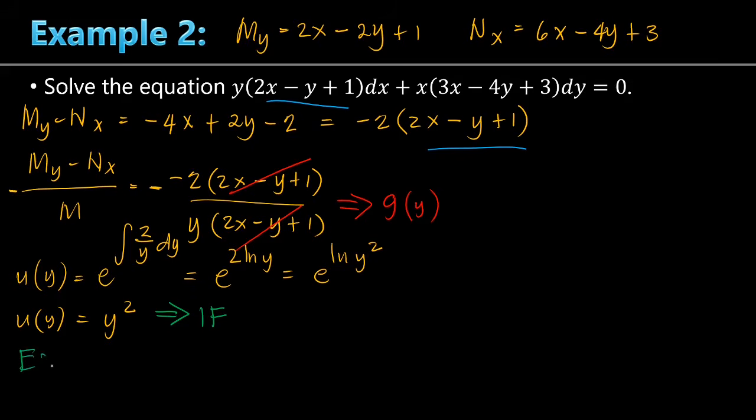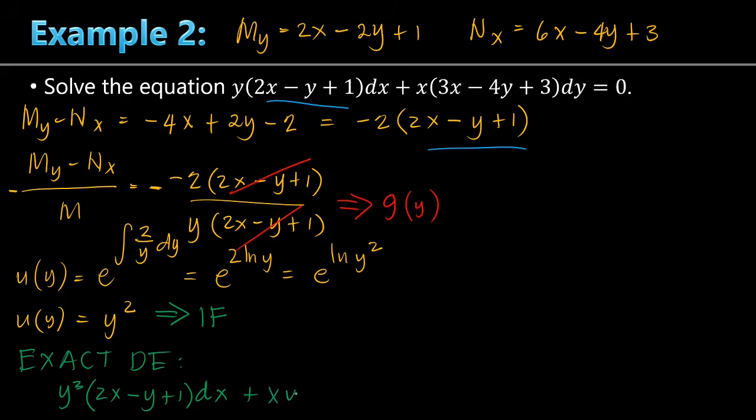The exact DE is now, eto, multiply ko lang siya ng y squared. So, magiging y cube times 2x minus y plus 1 dx plus, ito, i-multiply ko rin siya ng y squared.